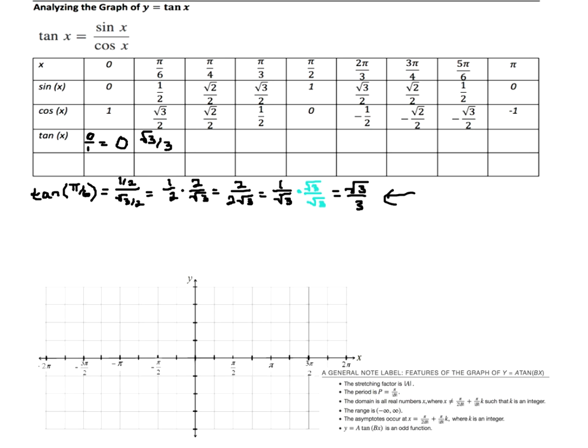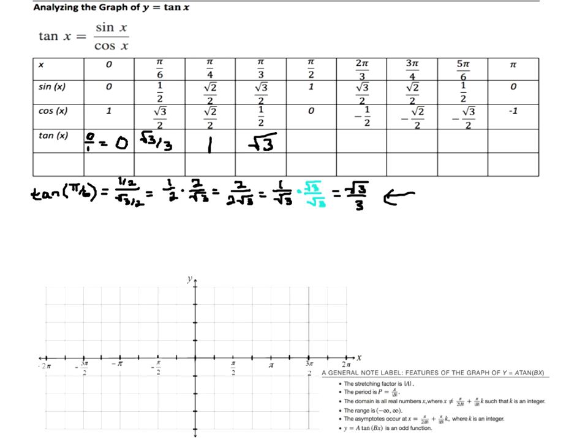So let's look at the tangent of pi over 3. That's square root of 3 over 2 divided by 1/2... Actually, for pi over 4, that's square root of 2 over 2 divided by square root of 2 over 2. Anything divided by itself is 1. And then I end up getting the square root of 3 here. Oops, that's a 3. Let me rewrite that. Square root of 3. There we go.